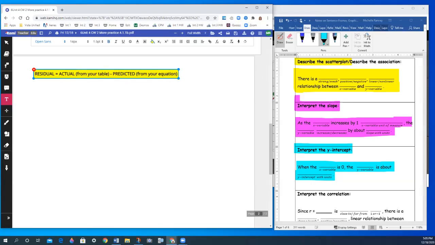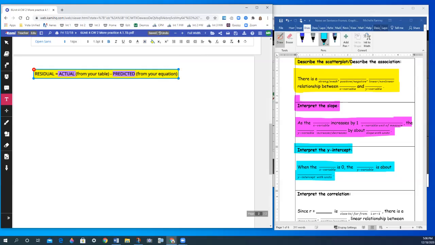So again, it's actual minus predicted. That is what residual is.